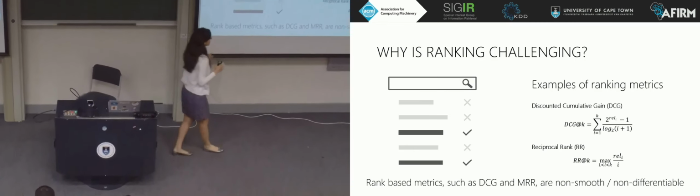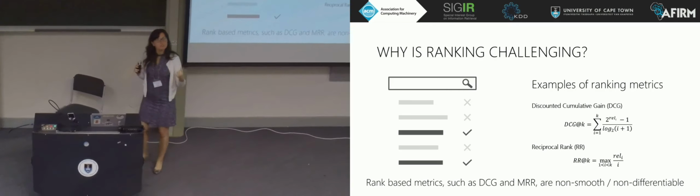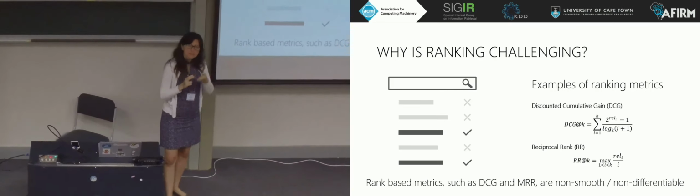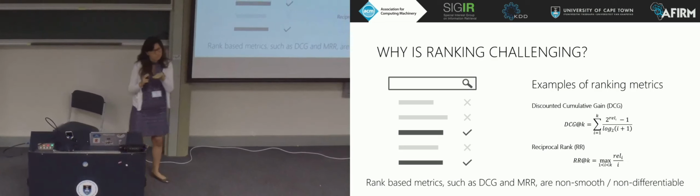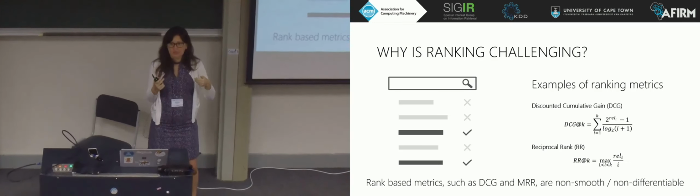And based on these ranks, you compute the metric. But now that you have gone through this sorting and ranking operation, your metric values with respect to the scores you have generated have become not differentiable.